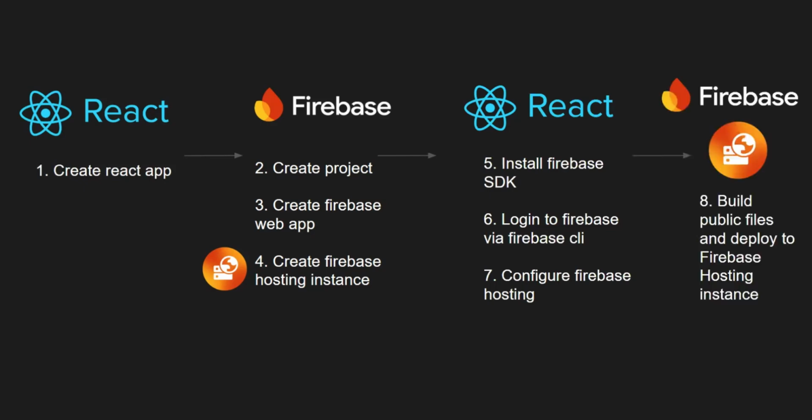And then after that, we're going to build the public files and we're going to deploy it to the Firebase hosting. So yeah, that's it. And then yeah, let's begin. So first thing we need to do is to create a React application.